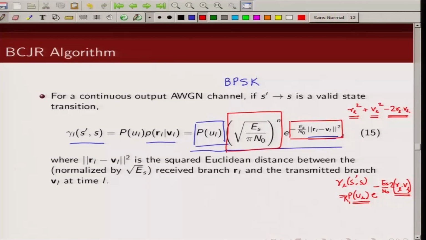We will illustrate this with an example when we show an example. Okay. So, the point which I am trying to make is that this expression that you see for computation of gamma for an additive white Gaussian noise channel essentially depends on two terms, one is this and another is this term.